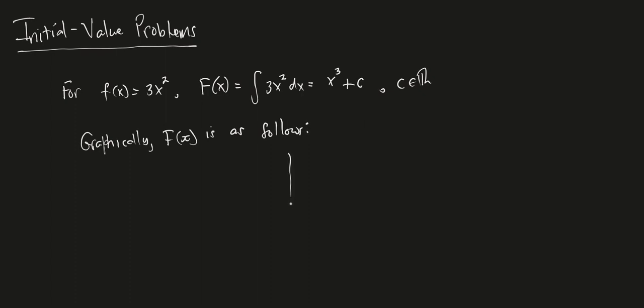So I'm going to draw a pair of axes, my xy plane, right? So you've got your y there, you've got your x there, and let's start with just the x cubed graph, right? Now y equals x cubed has this kind of shape to it, right? So this would be x cubed.